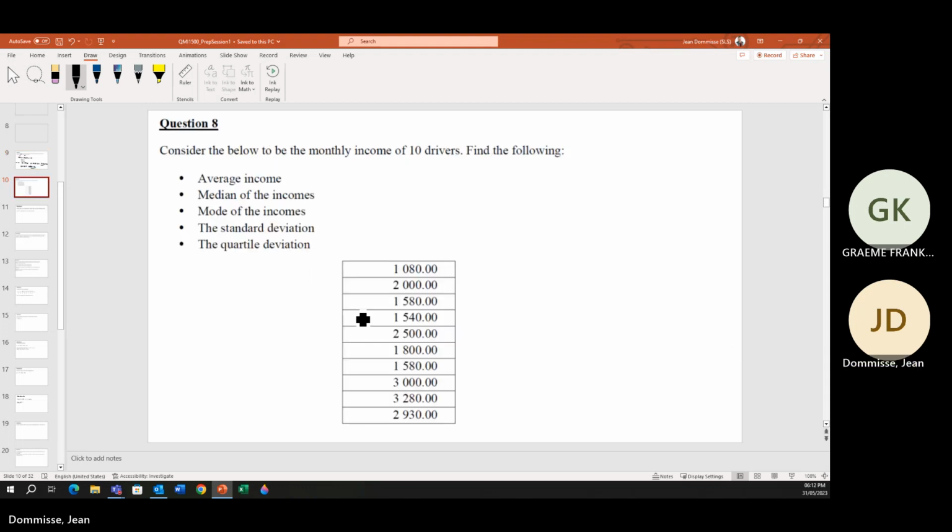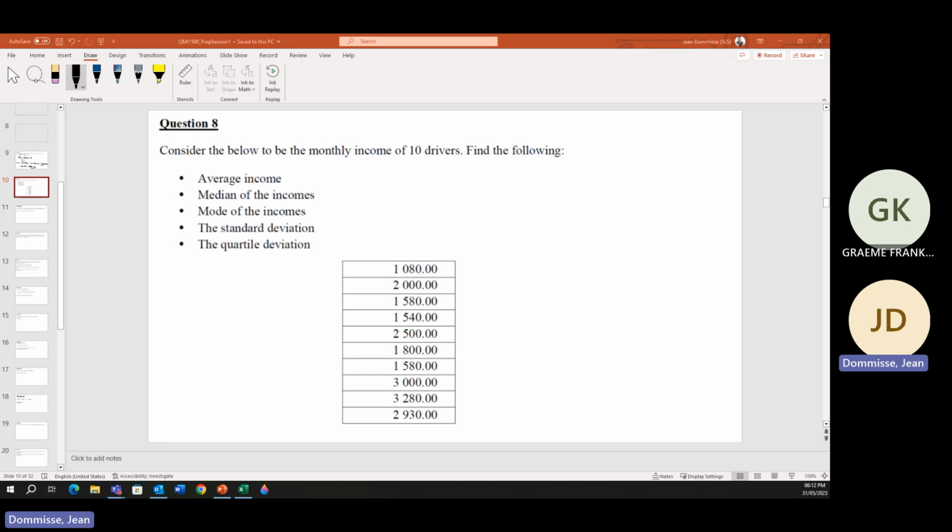But what I now have is the stats question. You are allowed to use Excel, so I'm just going to type the numbers into Excel, then I will show you how I'm doing it.